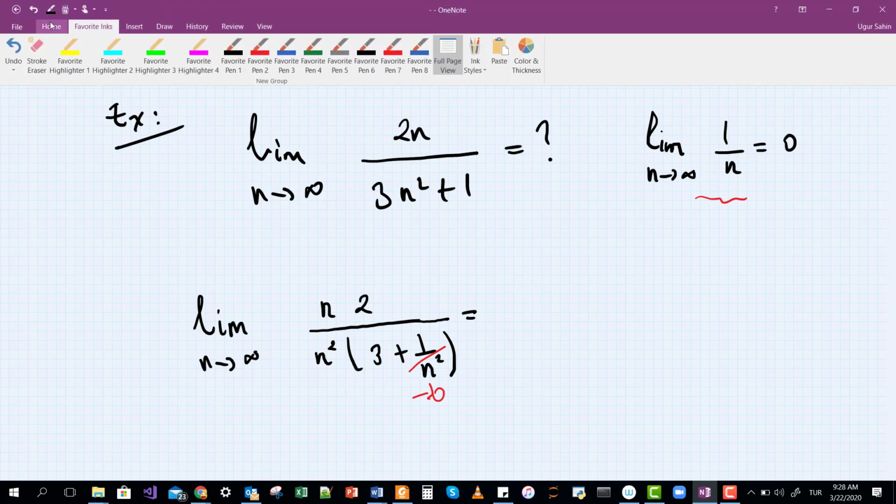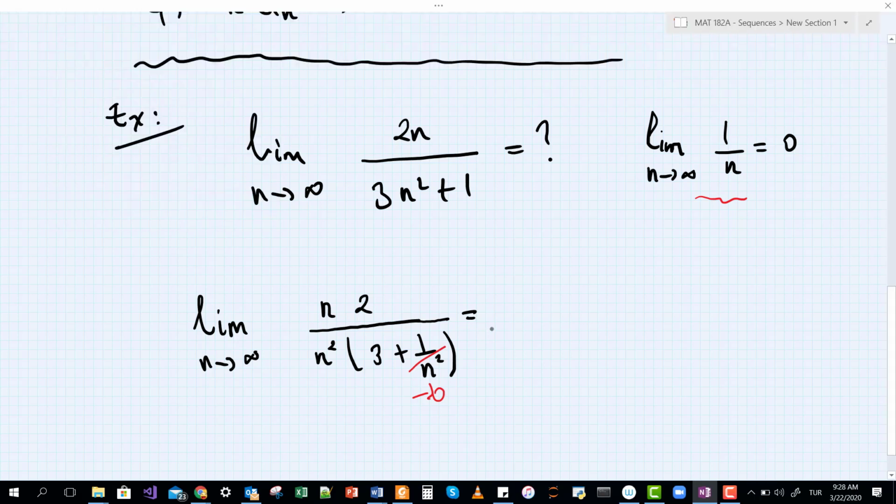And this is 0, and I will have left n times 2, and now n squared times 3. Since I still have this term here, 3 is there. It is just 0. Then I can cancel some terms.